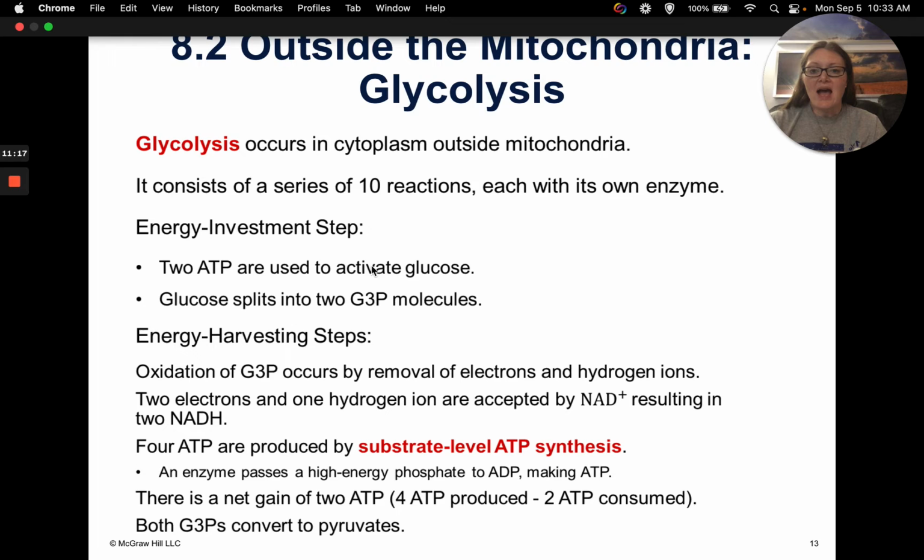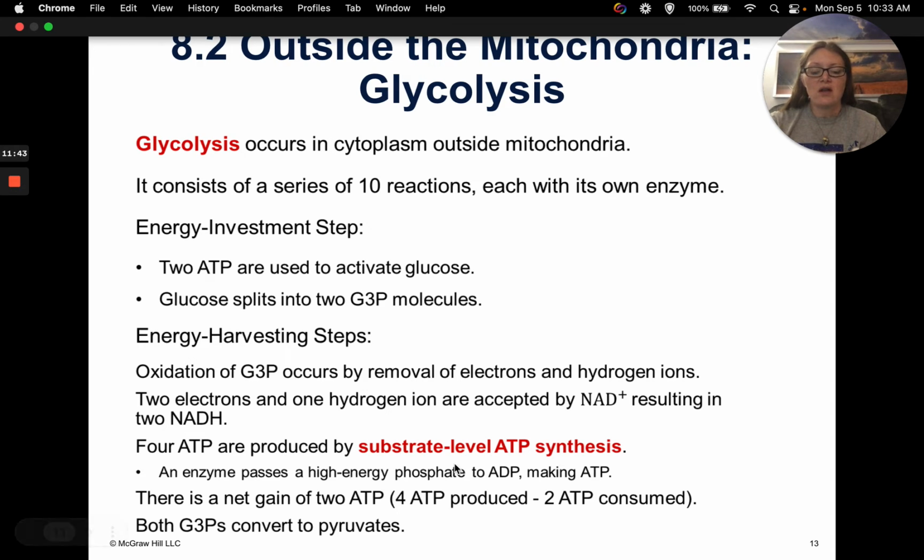So they activate the glucose, and the glucose splits into 2 G3P molecules. There's some energy harvesting steps, oxidation, electrons, and 1 hydrogen are accepted. Here's where the NAD plus goes to an NADH. And 4 ATP molecules are eventually produced by this thing called substrate level ATP synthesis.